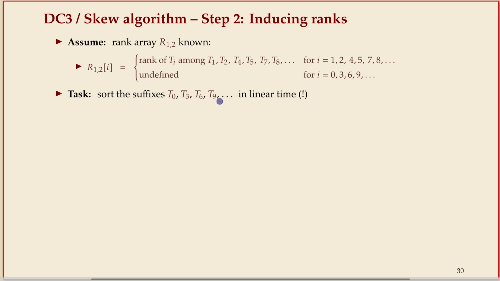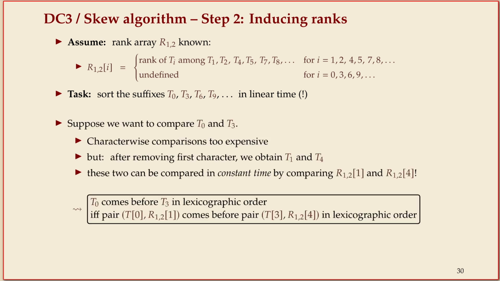You can reformulate the task as sorting these suffixes in linear time. If we have their sorted order in a list, we can produce the rank array from that by just iterating through. The thing that occurs first gets rank 0, the second gets rank 1, what's at position i gets rank i.